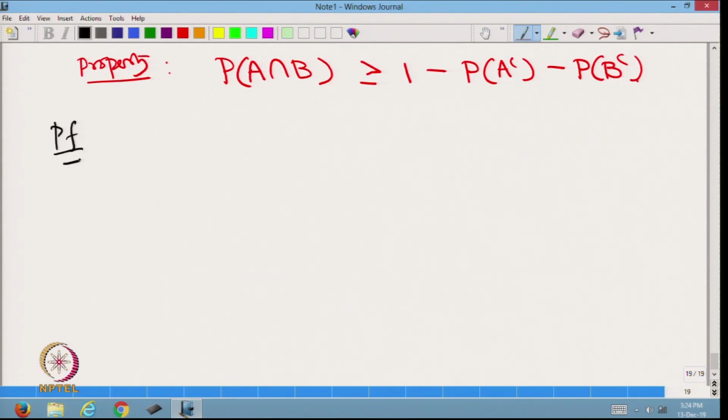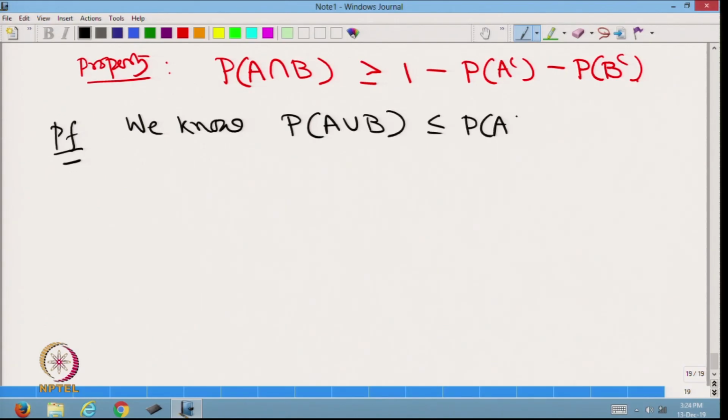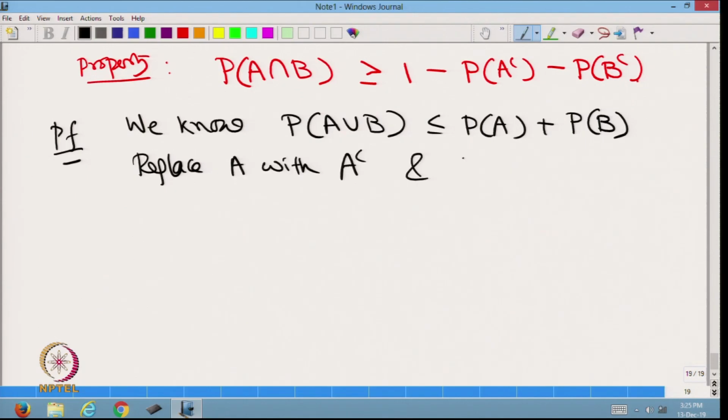Proof: we know probability of A union B is less than or equal to probability of A plus probability of B. Replace A with A complement and B with B complement.